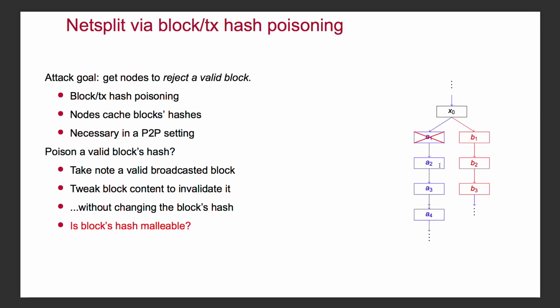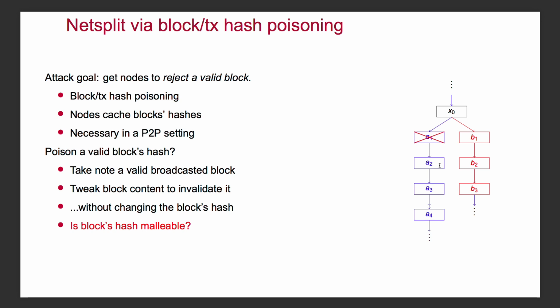It's been processed. So the idea here really is to poison a valid block's hash. An attacker listens on the Bitcoin network for new blocks, and then tweaks the block content to invalidate the block without changing the block's hash. And then the nodes that received the tweaked invalidated block are going to deem it as invalid and cache the hash of that block and not process it ever again.